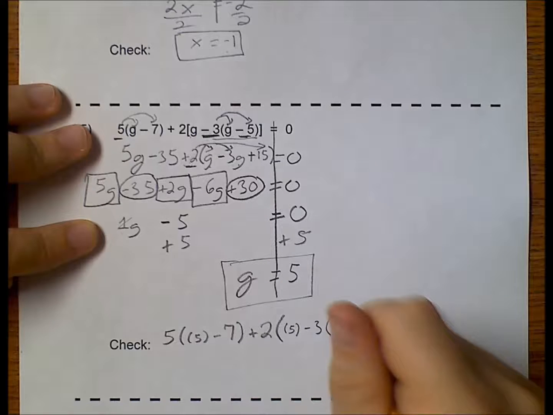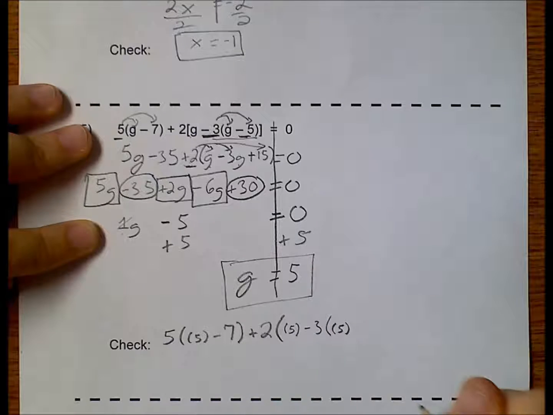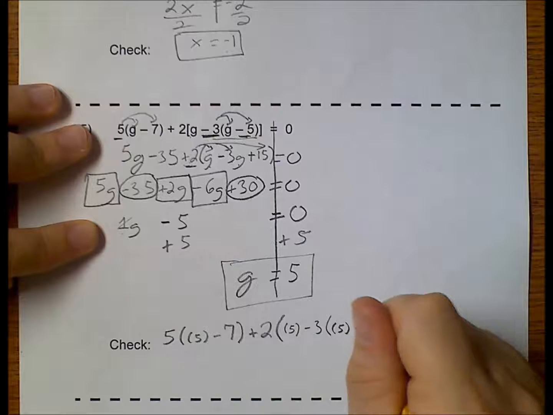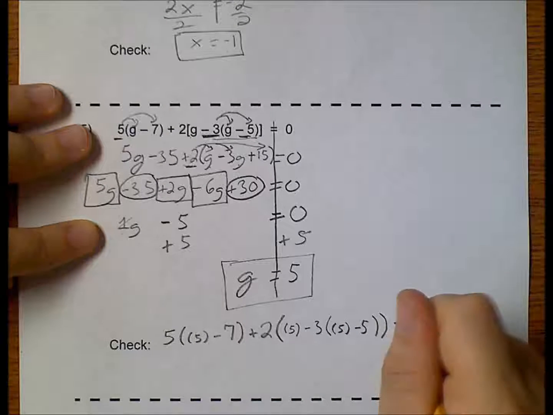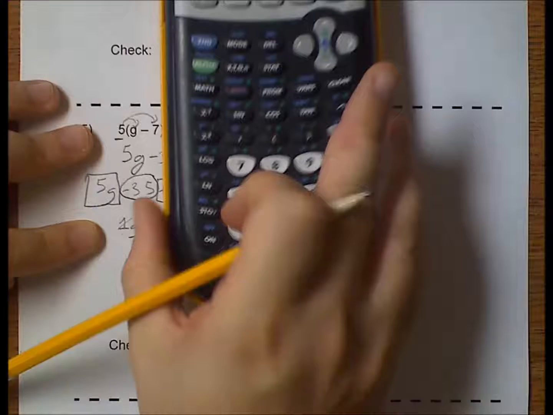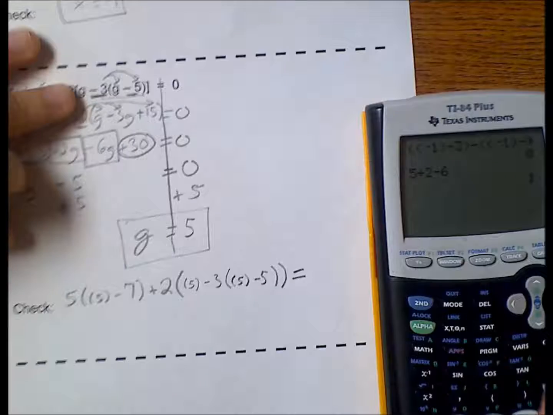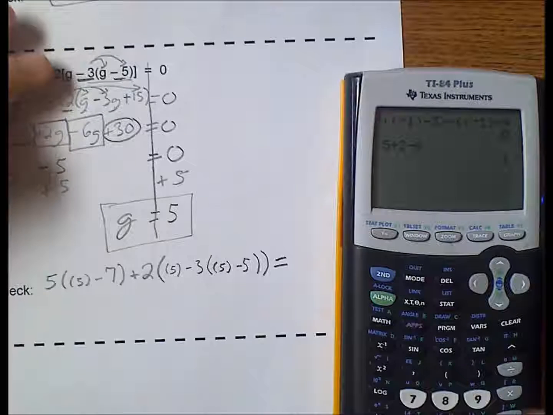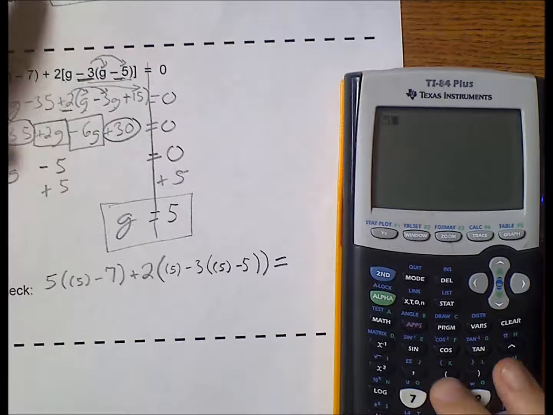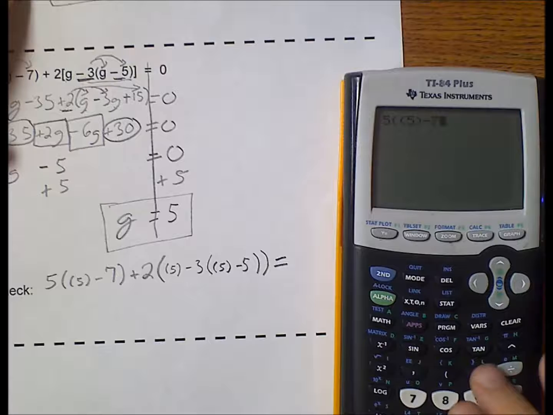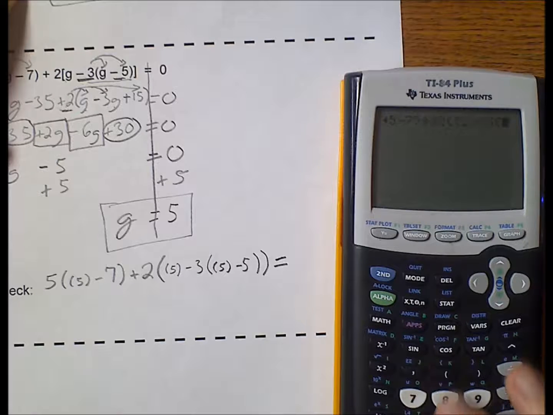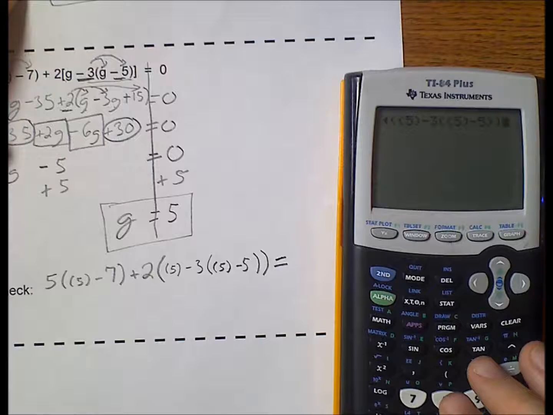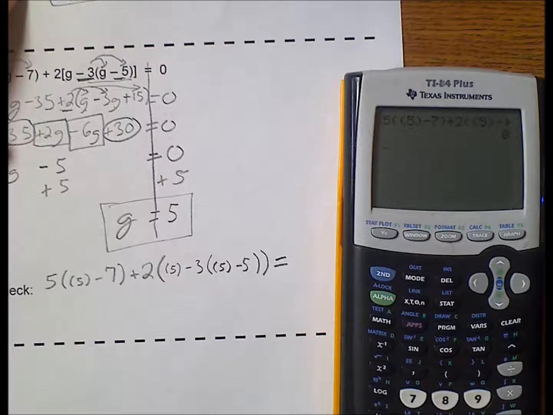That g is a 5 in parentheses, minus 5, close it twice, and let's see what we get. And I get 0.